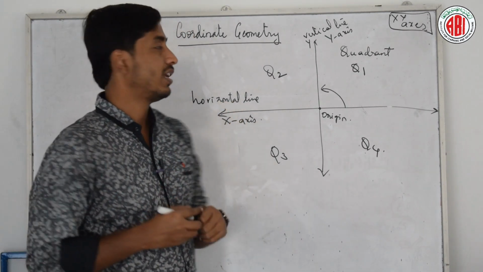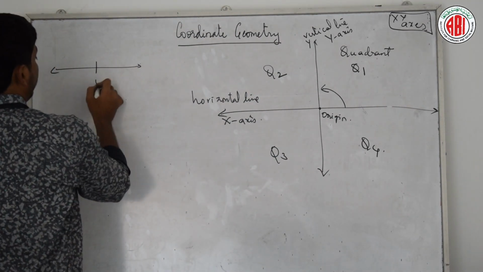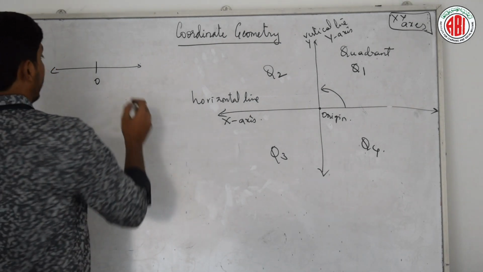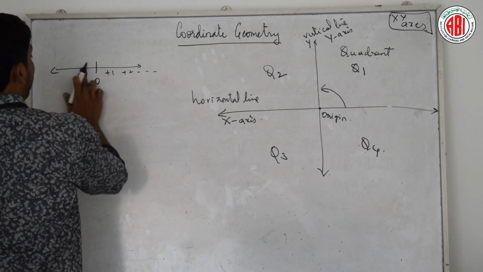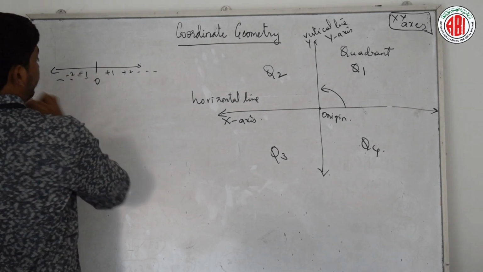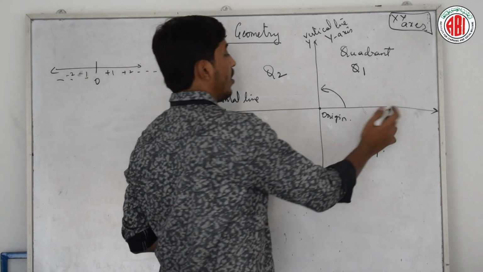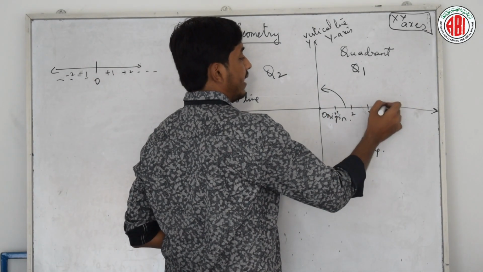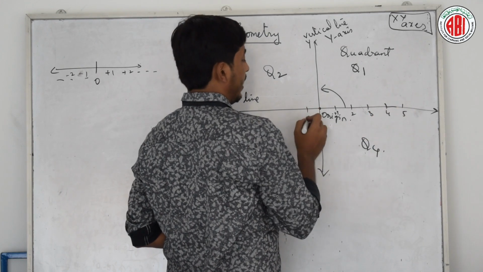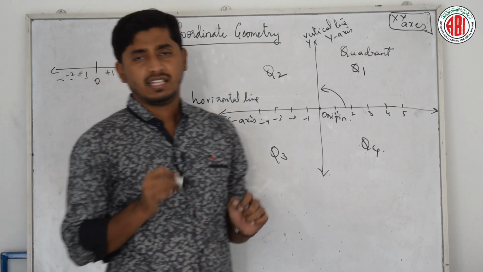If you remember the number line, how will it be? If this is 0 in between, the right side will always have positive numbers, the left side will always have negative numbers. Clear? Similarly, here also we'll have positive digits on the right-hand side and negative digits on the left-hand side.